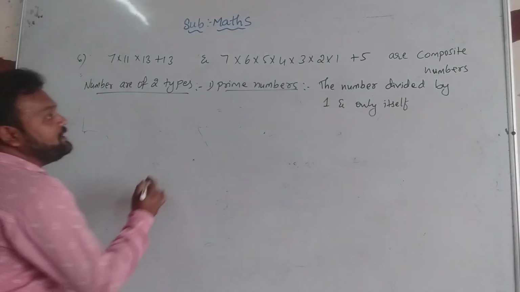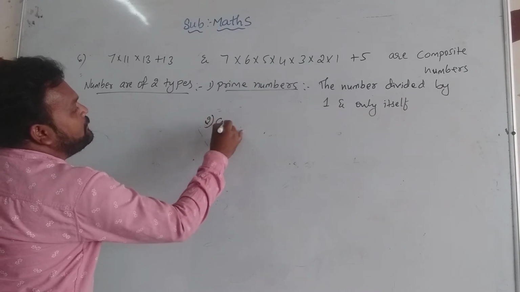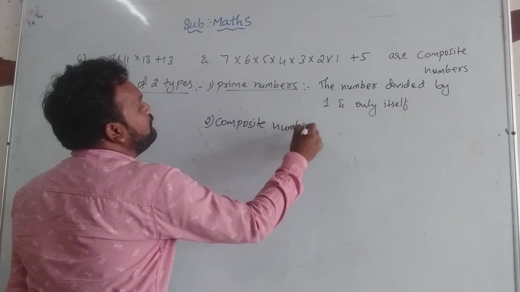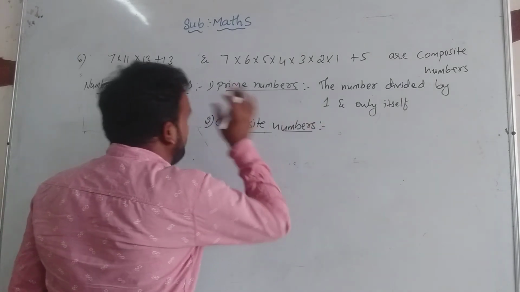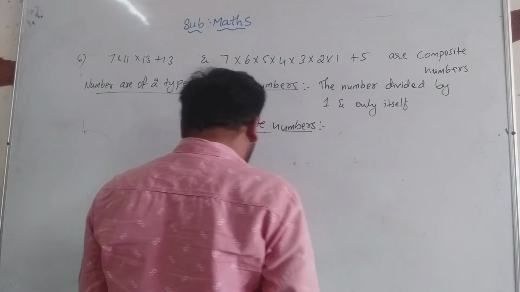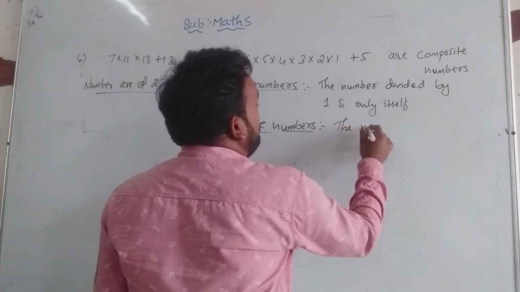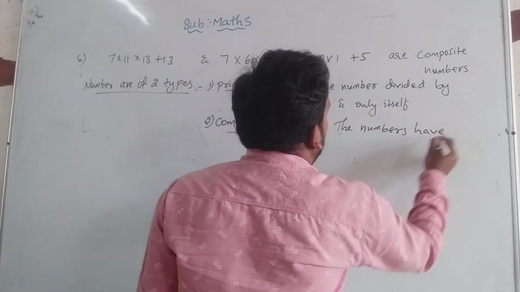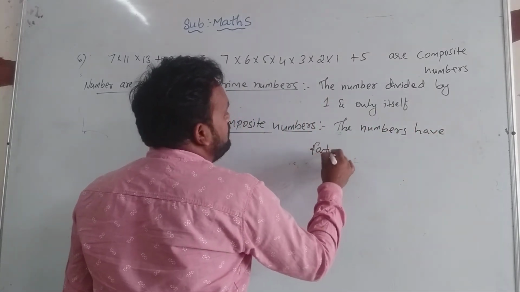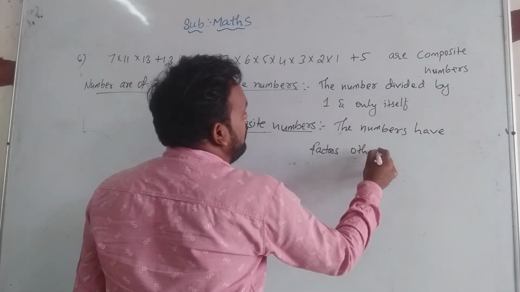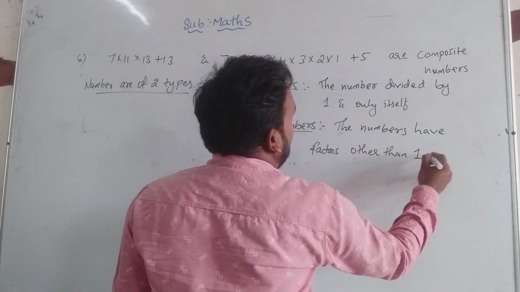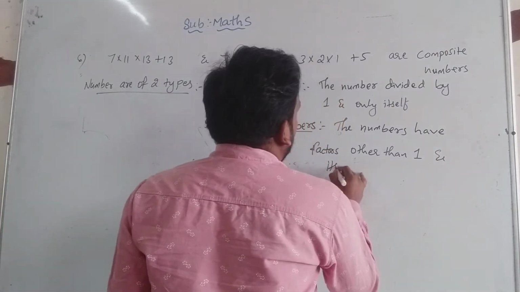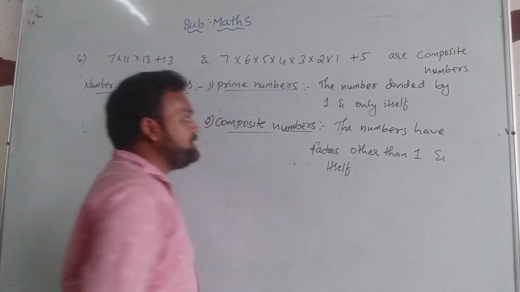Next, composite numbers. The second type is composite numbers. What are composite numbers? Numbers that have factors other than 1 and itself are called composite numbers.